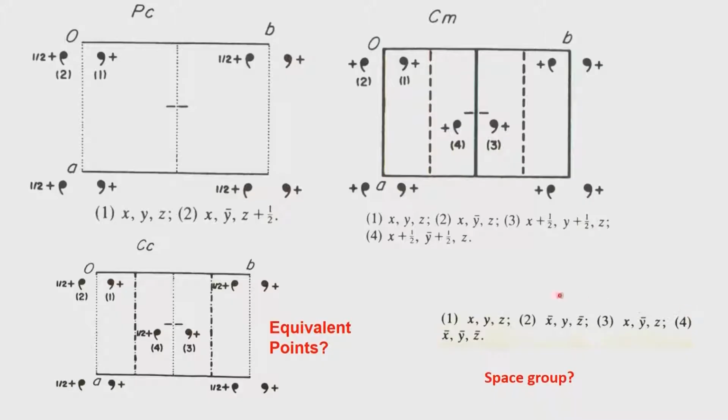The next example we can take up is, given the equivalent points as is given here, you will be asked to determine the space group. If one asks that question, in this particular case it is a very simple example. In principle, you should be able to identify the space group. You see here point 1 and point 2, they are related by what? They are related by a two-fold axis perpendicular to the y direction. So, you have a two-fold symmetry, and you also do not have any half plus x, half plus y, or half plus y, half plus z, or for that matter half plus x, half plus z.